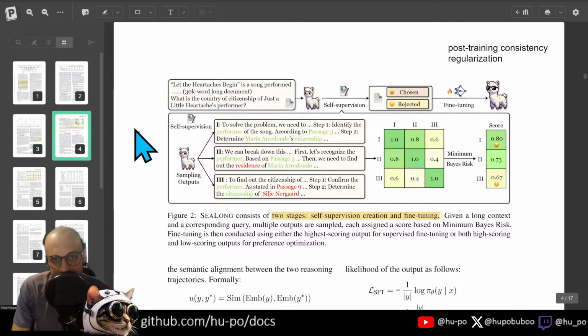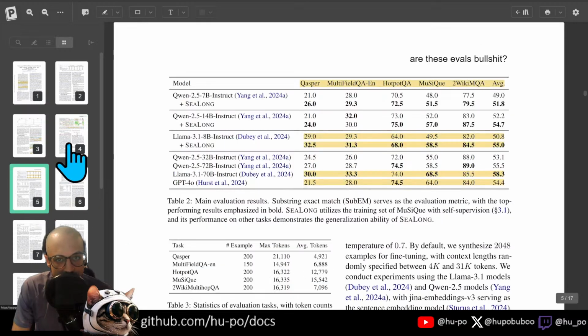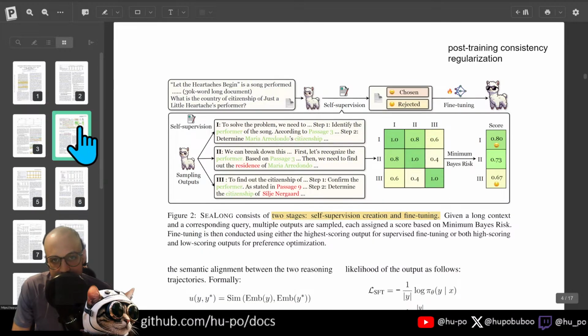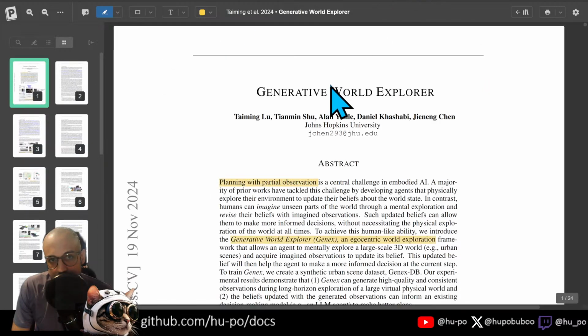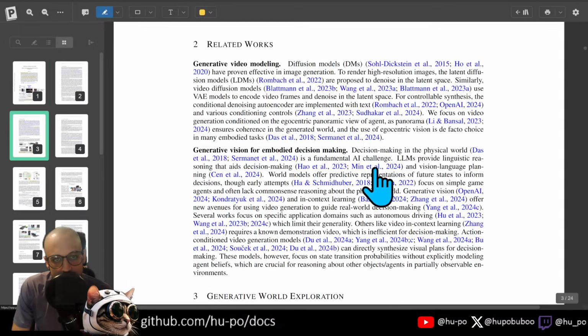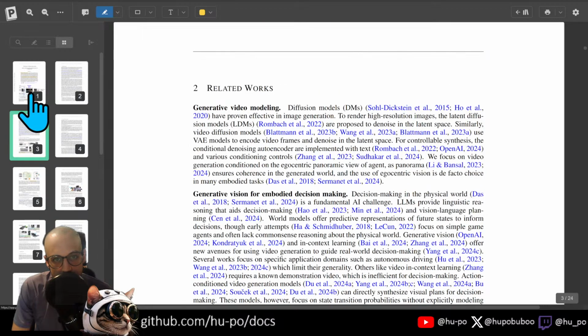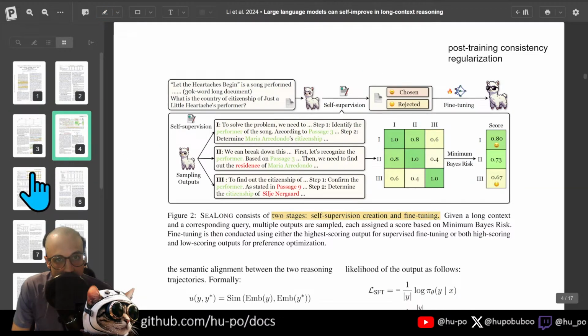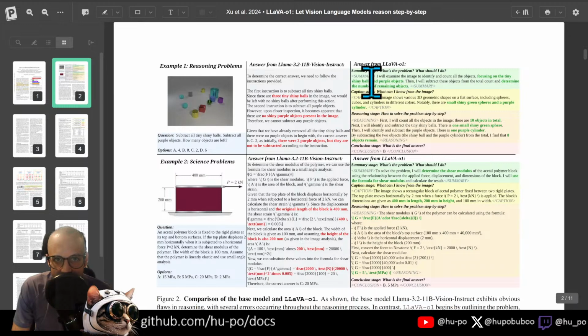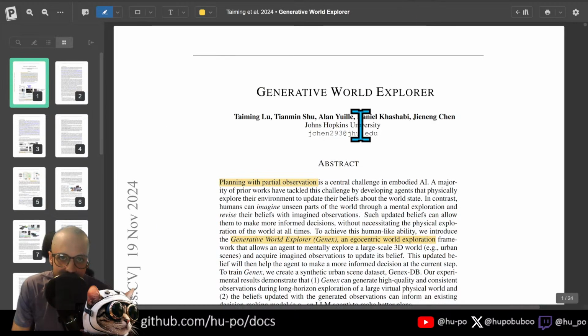And you can use a model to improve itself, which a lot of people still don't want to believe, but I think there's plenty of evidence. I've seen tons of evidence to show that. And agents are going to start imagining the future in order to improve. One way to think about what's happening here is that reasoning is an organization of the knowledge you already have, versus generating knowledge that you don't have.